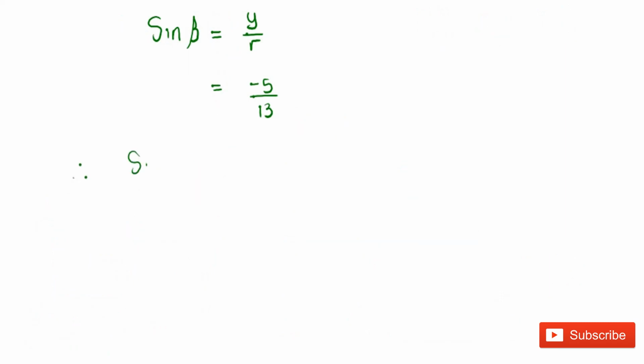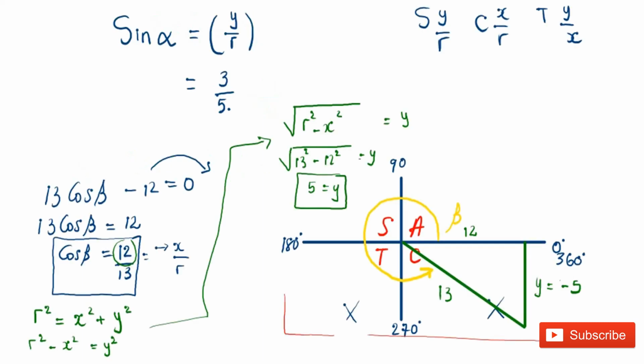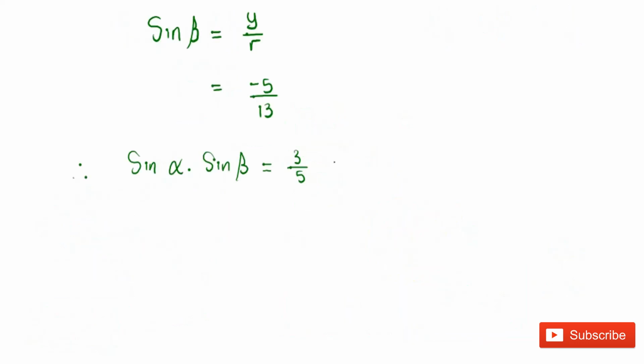Therefore, sine of alpha multiplied by sine of beta is equal to sine of alpha, which we found to be 3 over 5, multiplied by sine of beta, which is equal to negative 5 over 13. Okay, so the final answer can be simplified to negative 3 over 13.